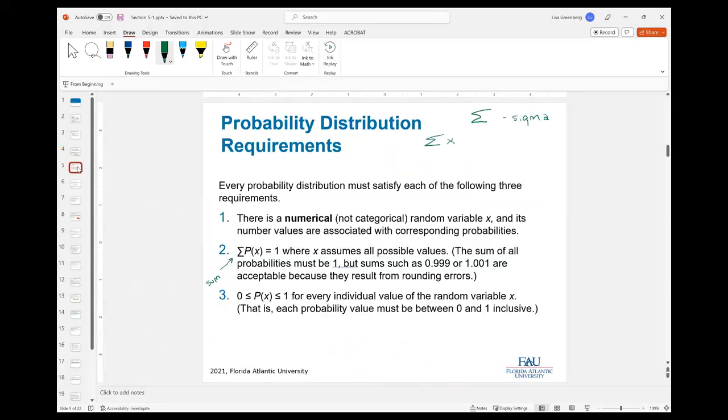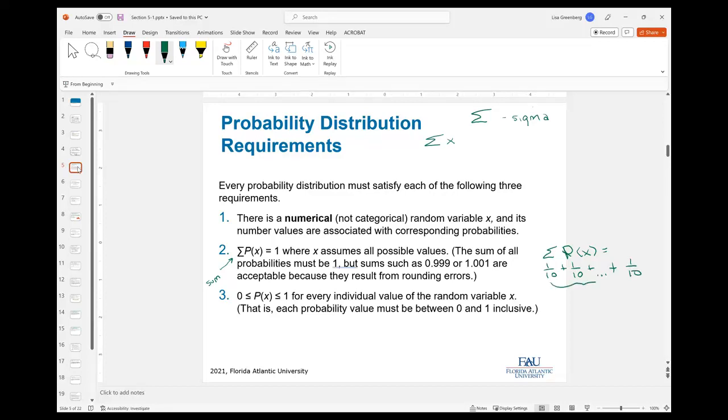So for that example, the sum of P of X is equal to 1/10 plus 1/10 plus, this just means there are numbers in between, okay?